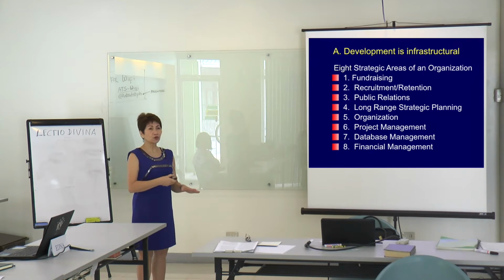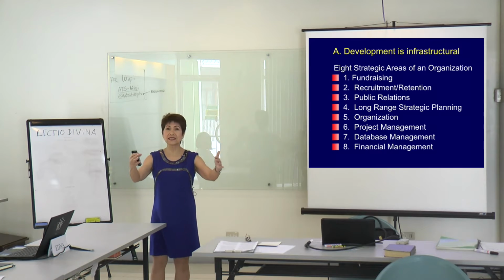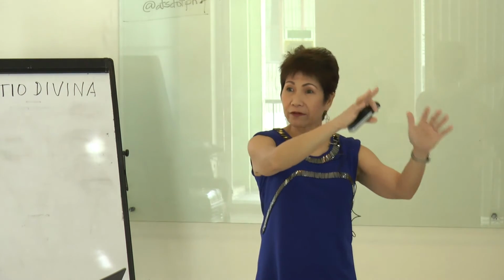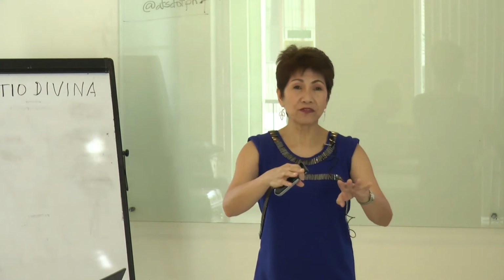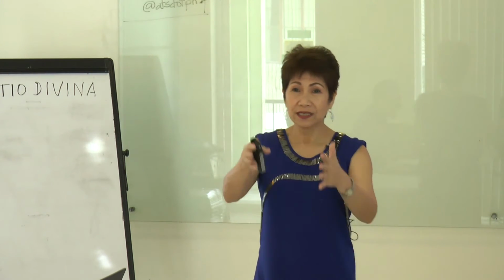The organization will be composed of the governance, the board of directors, the chief executive officer, the different departments, your finance administration, the marketing and communication, and the operations.